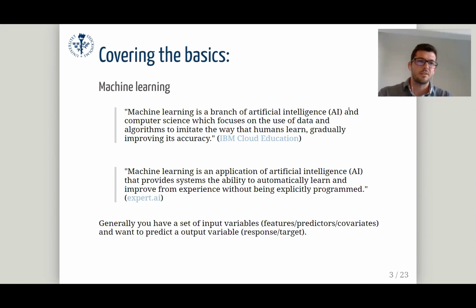So what we usually have is a set of input variables, which can also be called features, predictors, or covariates, and we want to predict an output variable. We use these machine learning models that learn automatically, in a supervised scenario, and we want them to do as well as possible.